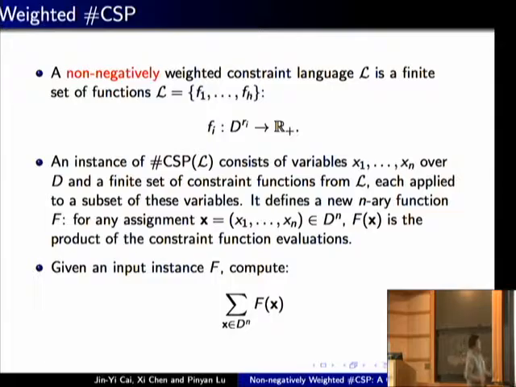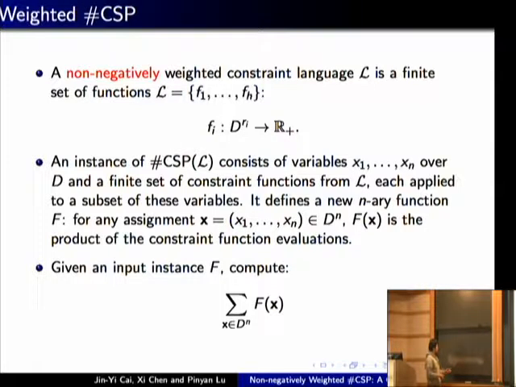But more generally, we can define the non-negatively weighted counting CSP. So now we still have this domain D, but a non-negatively weighted constraint language is a set of functions, non-negative functions. Similarly, an instance of this problem is just a bunch of variables, and you can apply these functions to any subset of variables in any way you want.